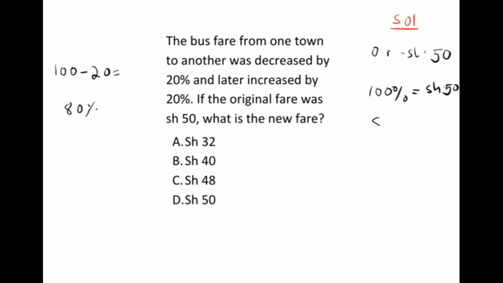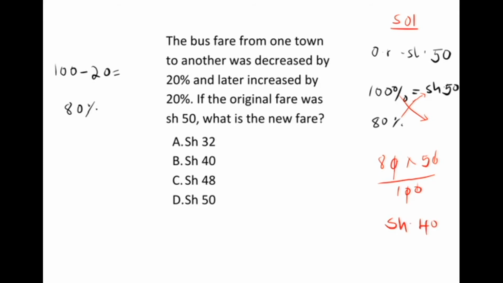What about this 80%? We cross multiply. We shall have 80 times 50 over 100. Then we simplify, cancelling the zeros. 8 times 5, we get 40 shillings.